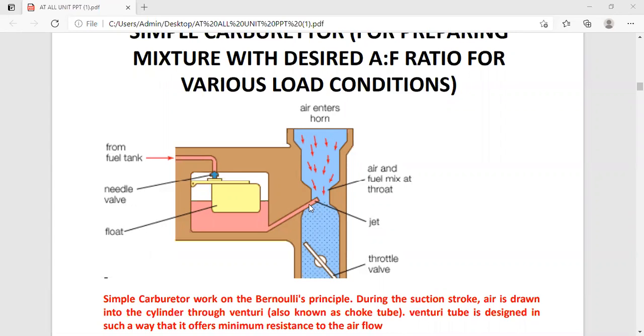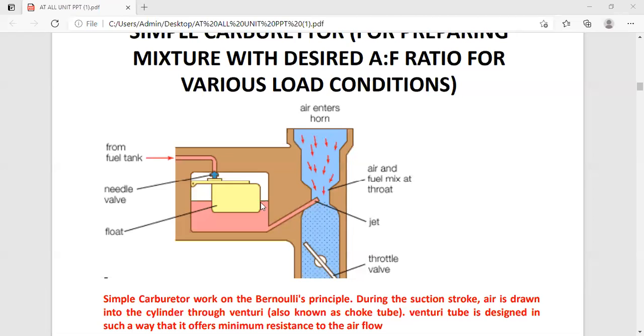If the jet tube tip is on the higher side, the pressure difference will not occur properly, because the point is going towards the higher side, so it will not give the proper pressure differentiation.